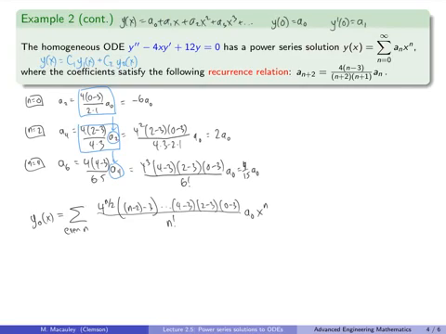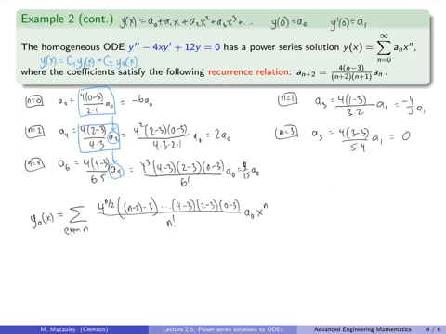Okay, so let's do the odd terms. So if n equals 1, then we get a3 is (4 times 1 minus 3) over (3 times 2) times a1. And that is, what is that, negative 4/3 a1. And if n equals 3, then we get that a5 is (4 times 3 minus 3) over (5 times 4) times a1.